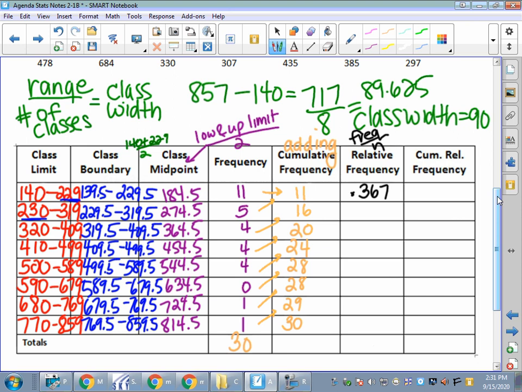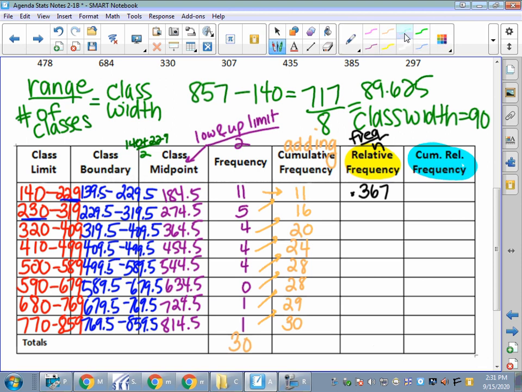When you do your relative frequency, skip back to plain old frequency over n. I don't want a relative cumulative frequency until I get into the next column. So I should have probably switched the order of these 2 columns, but I can, as long as I pay attention to the difference between them. This is just relative, so my original frequency. This is the cumulative relative.